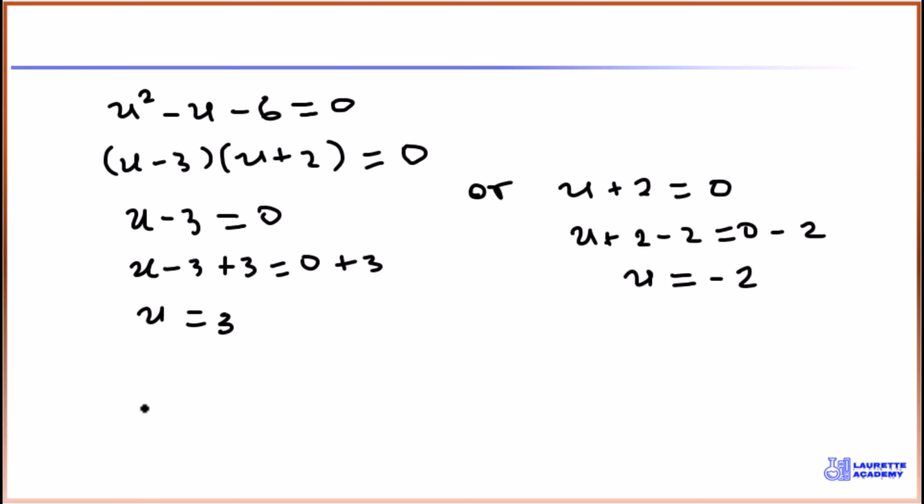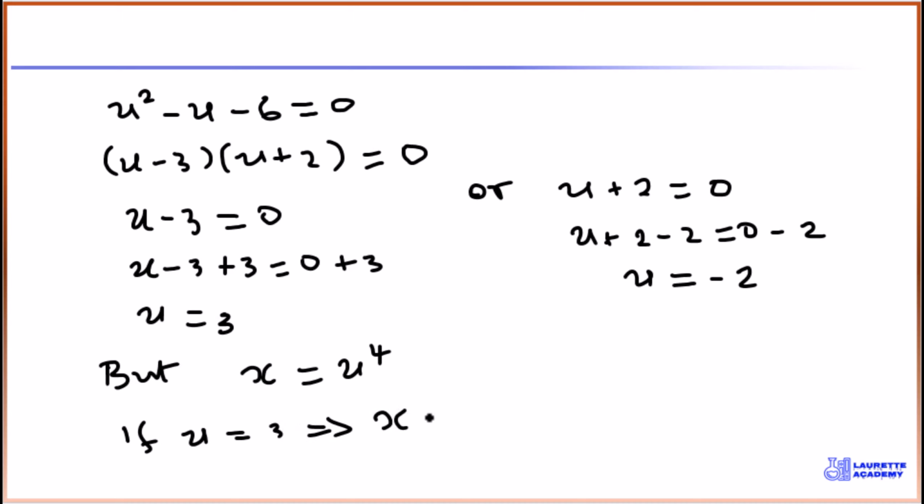We have two values of u, okay, but we said x equals u to the power 4. So if u equals 3, this implies x equals 3 to the power 4, which is equal to 81.